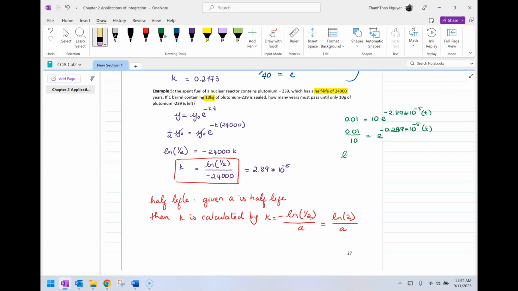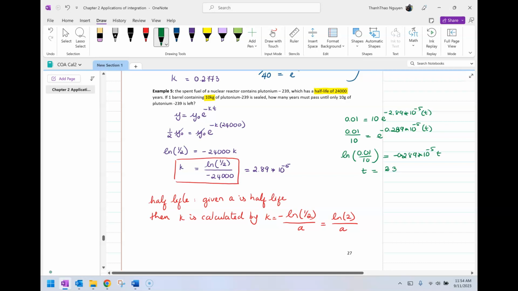We take ln both sides. Solve for t in this equation, we get t equal 2,390,226.74 years.